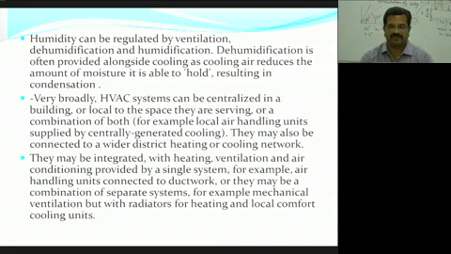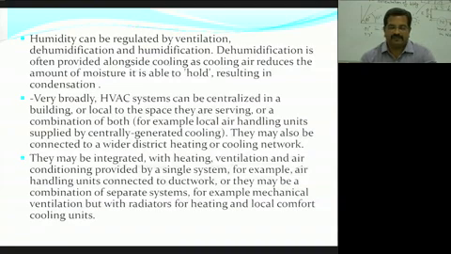Very broadly, HVAC systems can be centralized in a building or local to the spaces they are serving, or a combination of both. For example, local air handling units supplied by centrally generated cooling. They may also be connected to a wider district heating or cooling network.